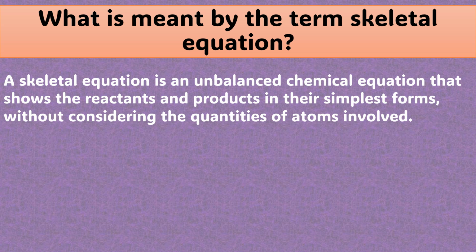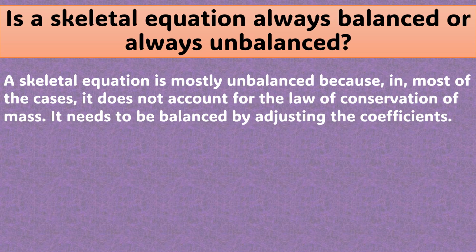Question number 32. What is meant by the term skeletal equation? Answer. A skeletal equation is an unbalanced chemical equation that shows the reactants and products in their simplest terms involved. Question number 33.